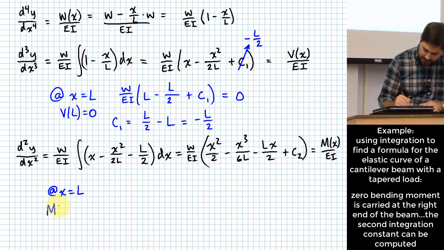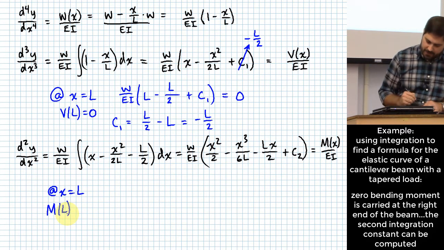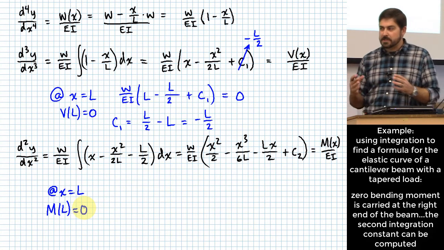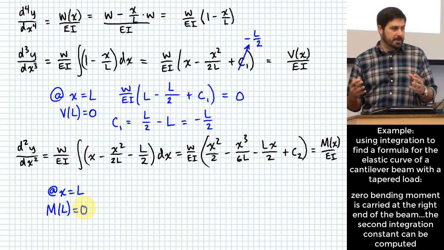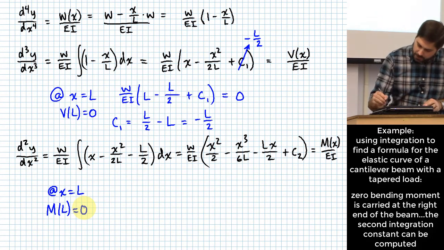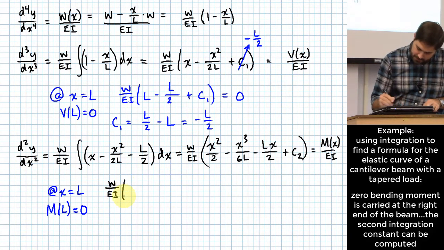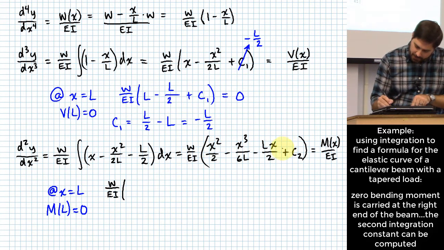We'll find M of L. Because there's no more material left at the tip of the beam, there's not going to be any bending moment that is going to be able to carry out there at the tip of the beam. And so what do I do with my function up here? Got W over EI times, I'll substitute in L everywhere I have an x.